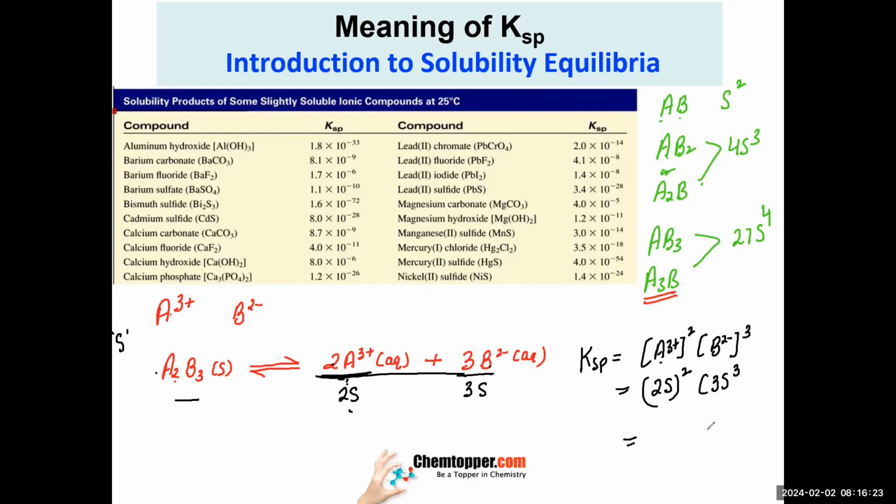Again, no. 2s raised to power 2 is 4s squared. 3s raised to power 3 is 27s cubed. It is 108 s raised to power 5.